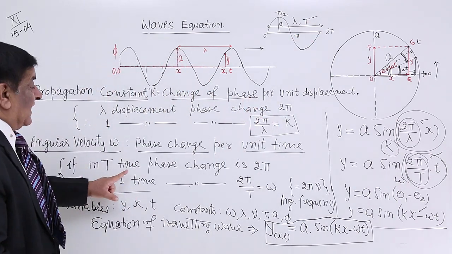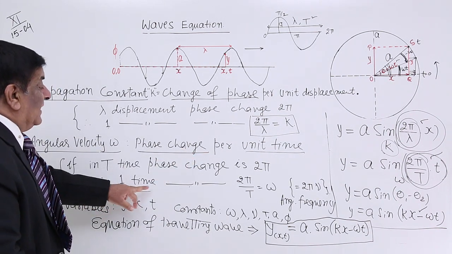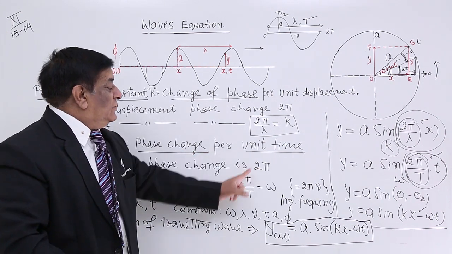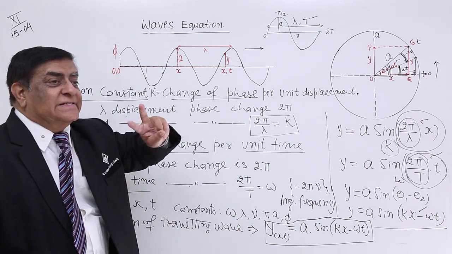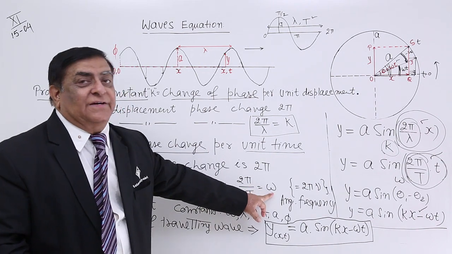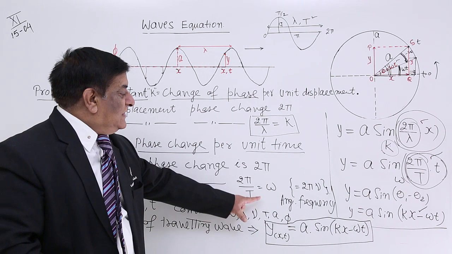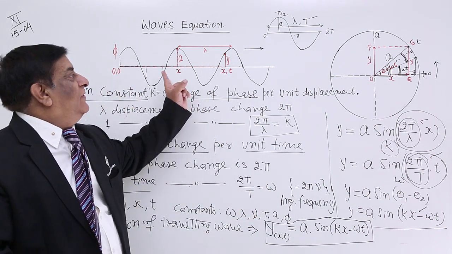In time T seconds, the phase change is 2 pi. Therefore, in 1 second, how much will be the phase change? 2 pi upon T. So, every second the phase is changing, and we call it omega, rate of change of phase. That is angular velocity.